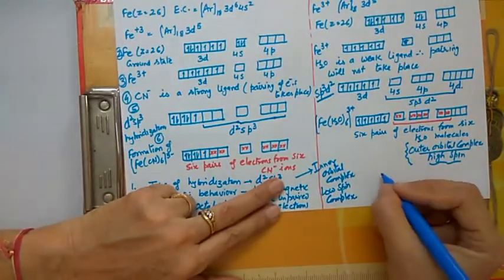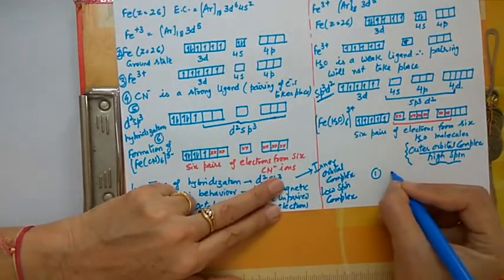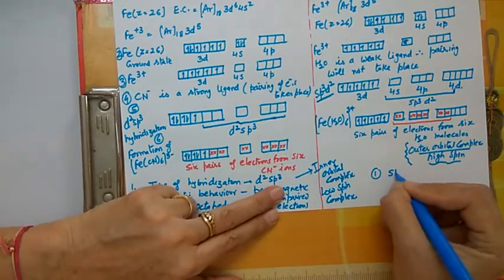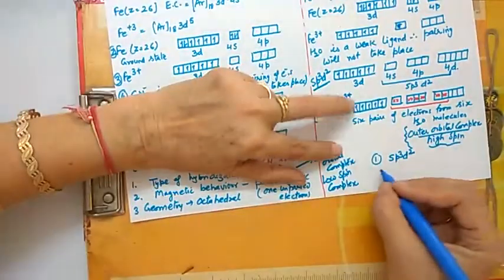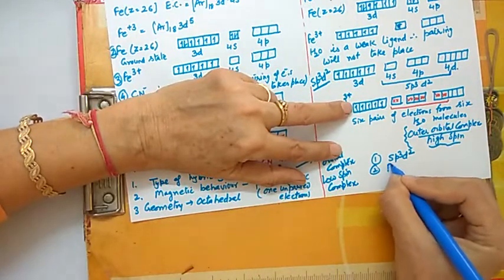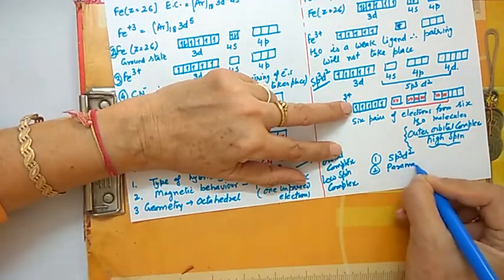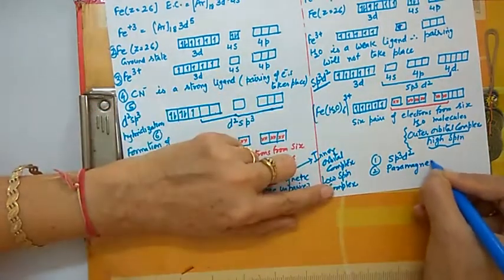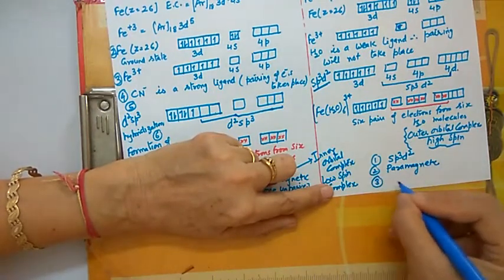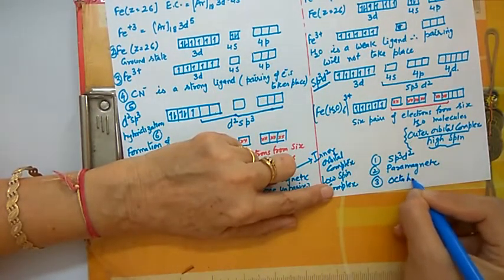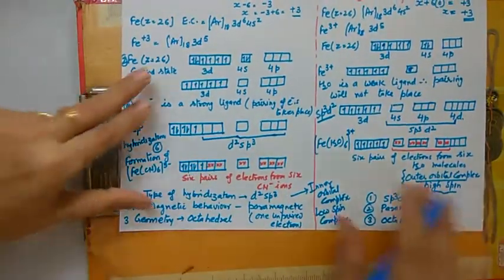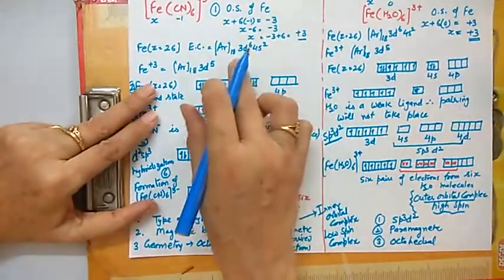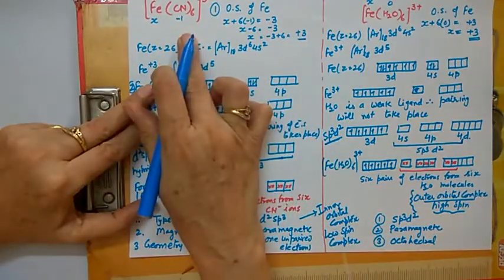So in this case again, the type of hybridization will be sp3d2, magnetic behavior paramagnetic, and geometry octahedral. Clear?